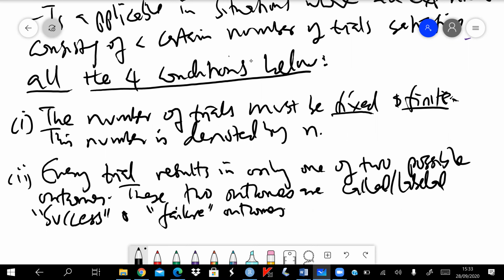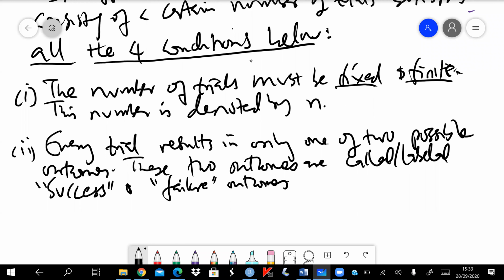For instance, if you are tossing a coin, let's say 100 times, and your interest is the number of heads that will be observed, then H or head will be your success outcome and tail will be your failure outcome. So these labels do not have a literal meaning. They're just labels. They are not literal names.